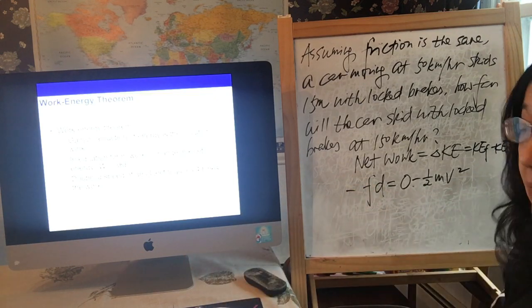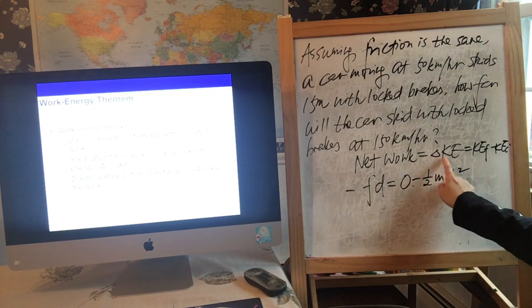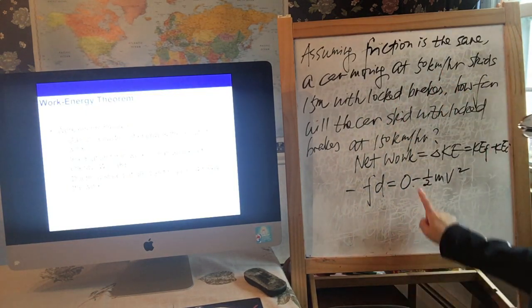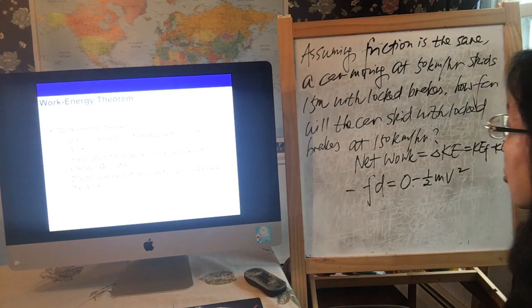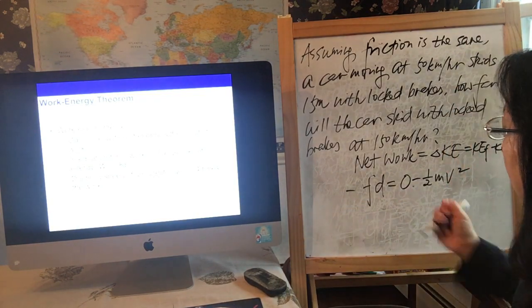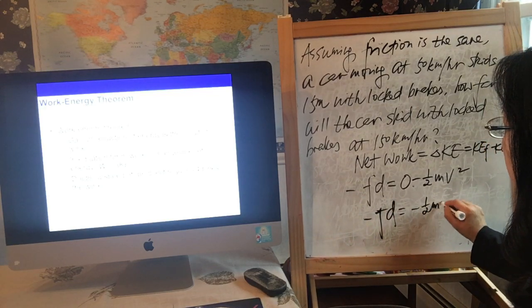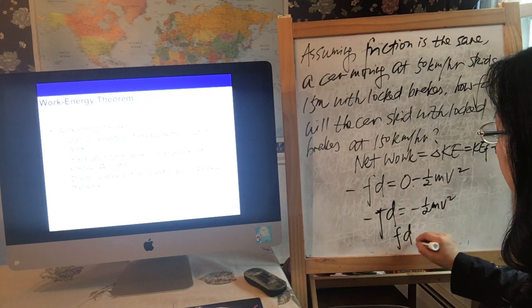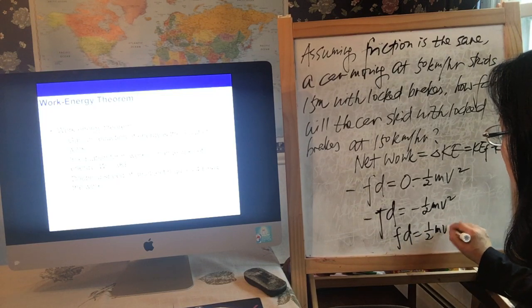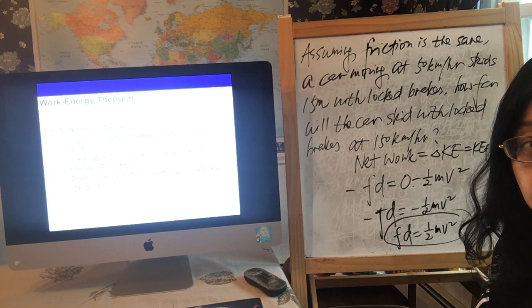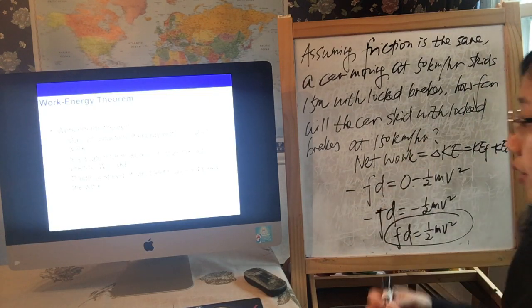That's why work is negative. Then we have final kinetic energy, which is 0, because the brake is going to stop the car eventually, minus initial kinetic energy. Based on that, we have negative Fd equals negative 1/2 mv squared. So eventually we have Fd equals 1/2 mv squared.